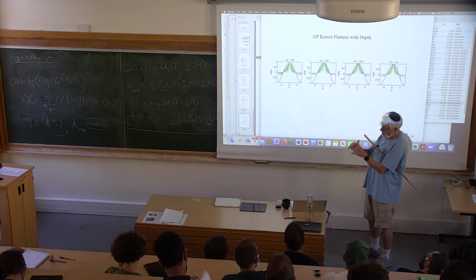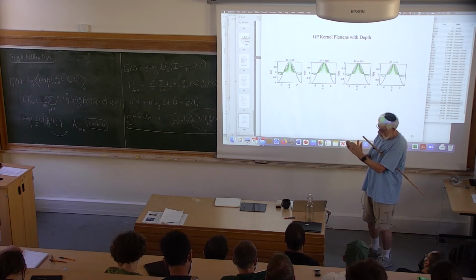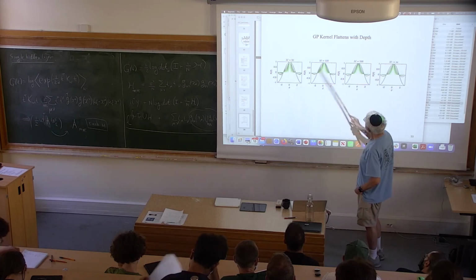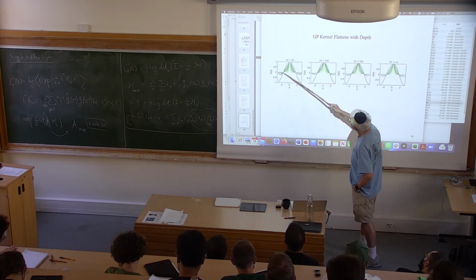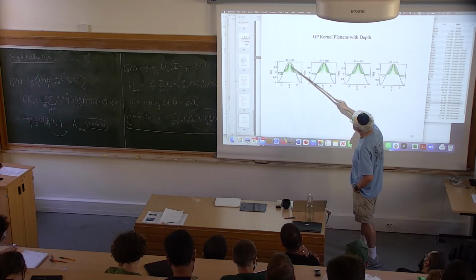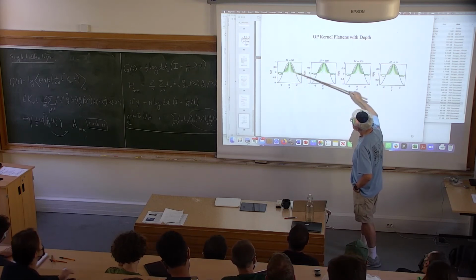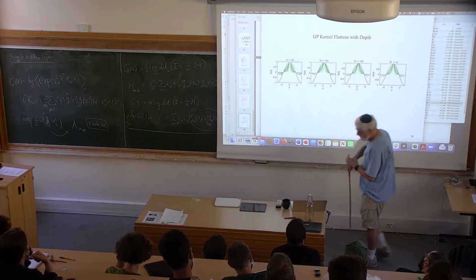I renormalize the amplitude, only the cosine angle between them. And for this model, the different curves are different L. You can show that as L goes to infinity, it becomes a delta function except at 0. So it's completely flattened the kernel. This is for the GP kernel.